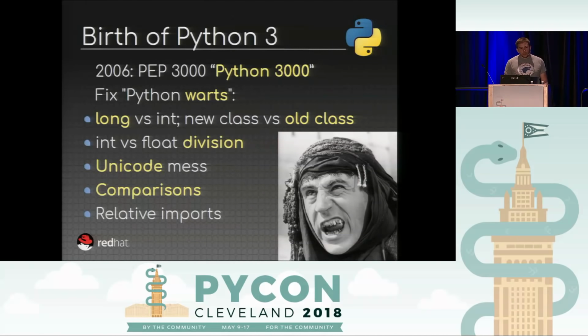For example, if you compare the number 1 and the string hello, Python will take the name of the type, like the string int and the string str, and compare these 2 strings to decide how to order values. And the result can be very surprising if you are not aware of this choice. So we wanted to change that to raise a type error in Python 3.